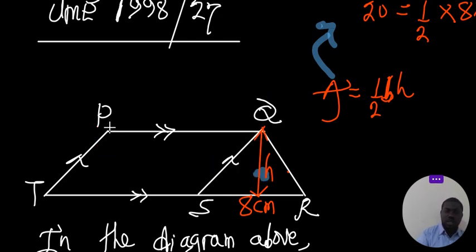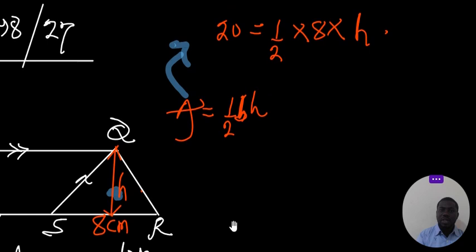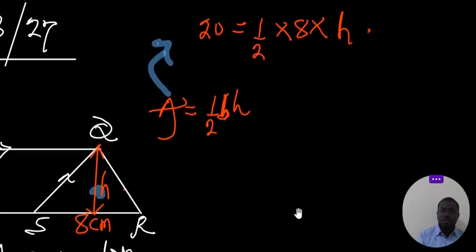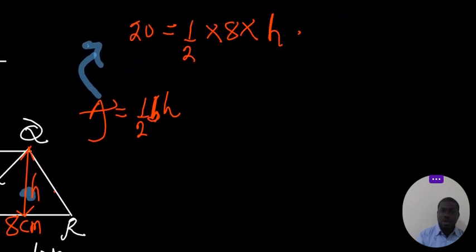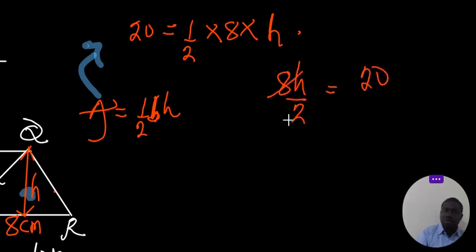So this is obviously H2. Now we have 8h divided by 2 equals 20. Let's cross multiply. 8h equals 2 times 20.